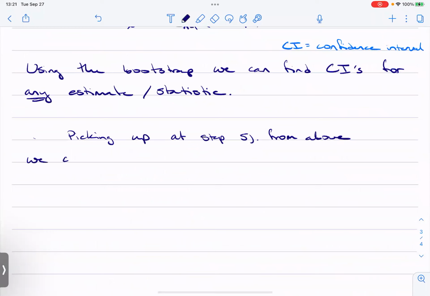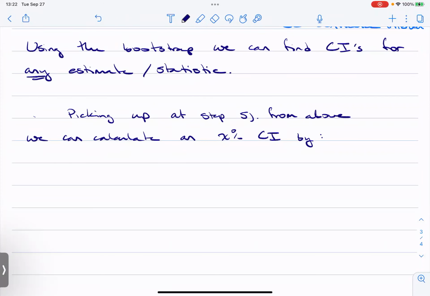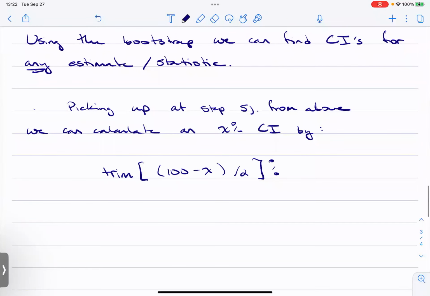We can calculate an X% confidence interval by trimming (100 minus X)% divided by 2 of the R results.